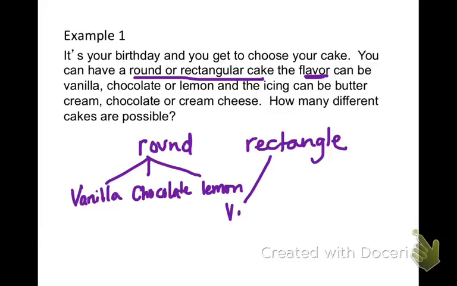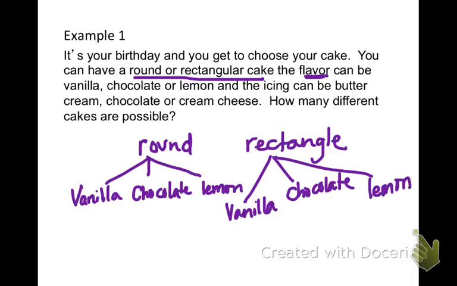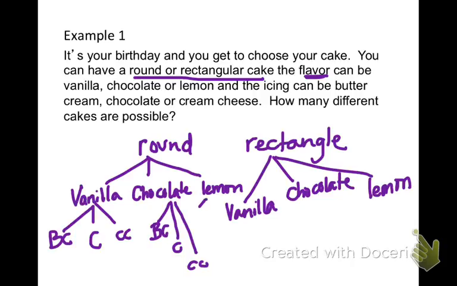So again, vanilla, chocolate, or lemon. And then the icing can be, I'm going to start abbreviating here, buttercream, chocolate, or cream cheese. So buttercream, chocolate, cream cheese, and buttercream, chocolate, cream cheese.